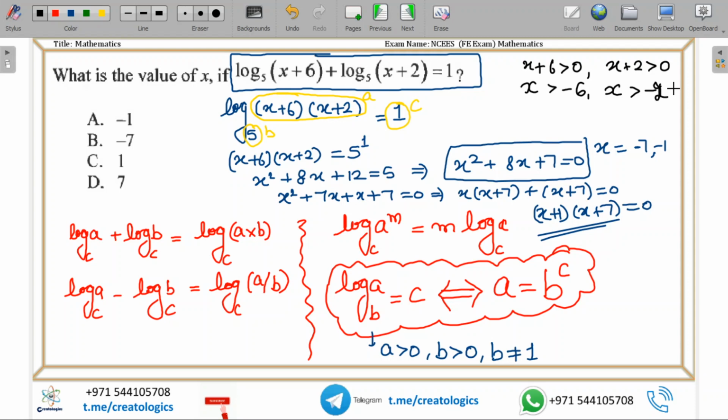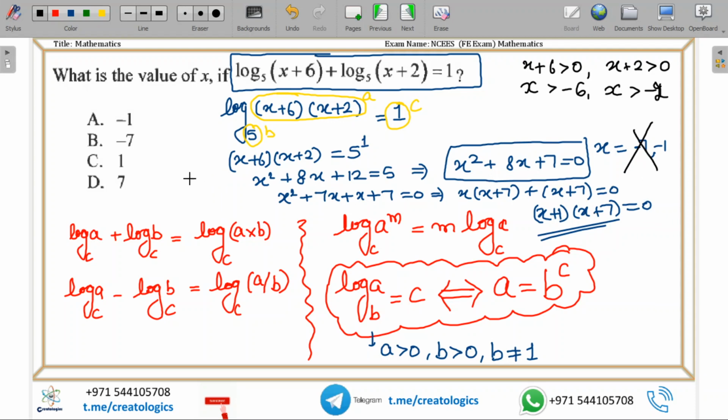Sorry. X must be greater than negative 6 and negative 2. So in short I can say the values of x must be greater than negative 2, but negative 7 is not one of those. No, negative 7 you need to reject.